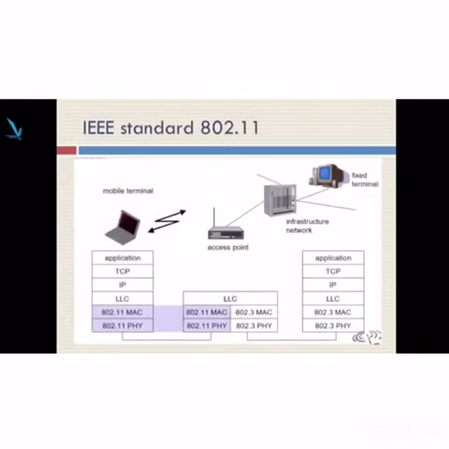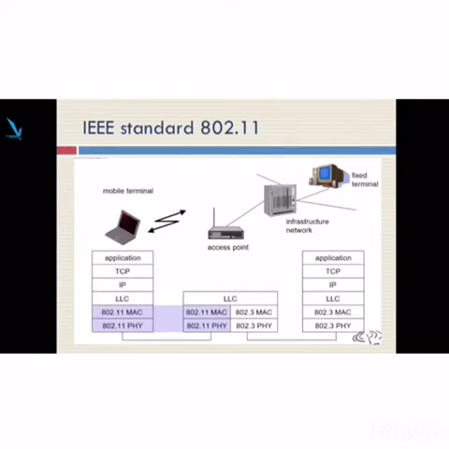This diagram indicates how a standard 802.11 works. So you have a laptop or a mobile terminal which is communicating with a fixed terminal. Here on a mobile terminal, you have these many layers. You will see that the 802.11 physical and MAC layers are communicating with each other.